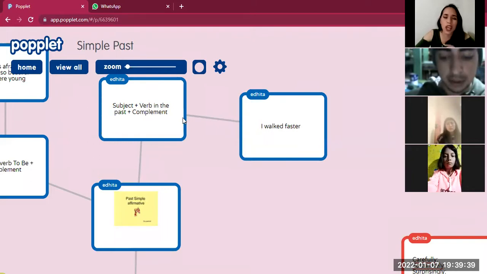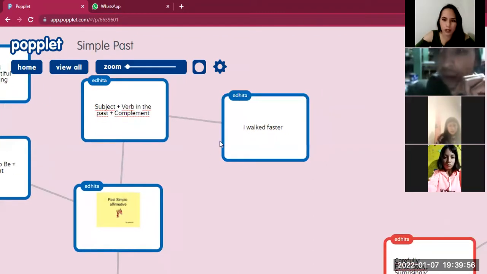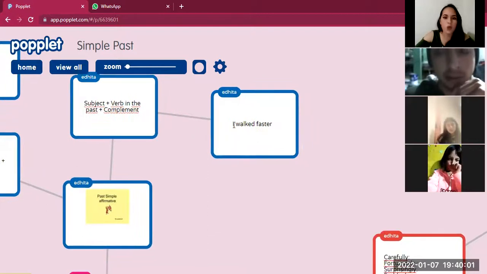I'd like you to take into account that this grammatical rule is used for all of the verbs, but not with the verb to be. Okay? With all of the verbs, irregular and regular verbs. For example, I walked faster.